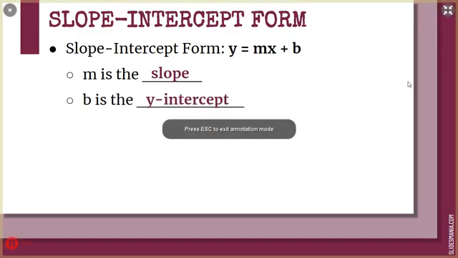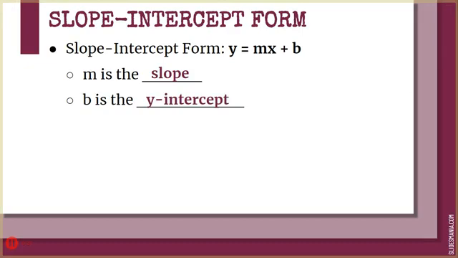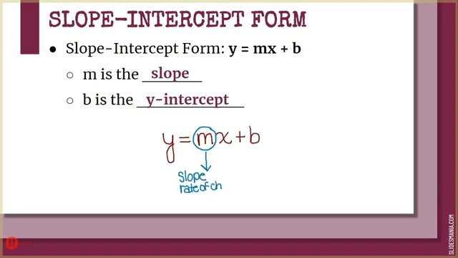So if we have an equation that is in slope-intercept form, meaning we have y equals mx plus b, that means the letter m, whatever number is in front of x, or the coefficient of x, is going to stand for the slope, or we could call that the rate of change of our line.